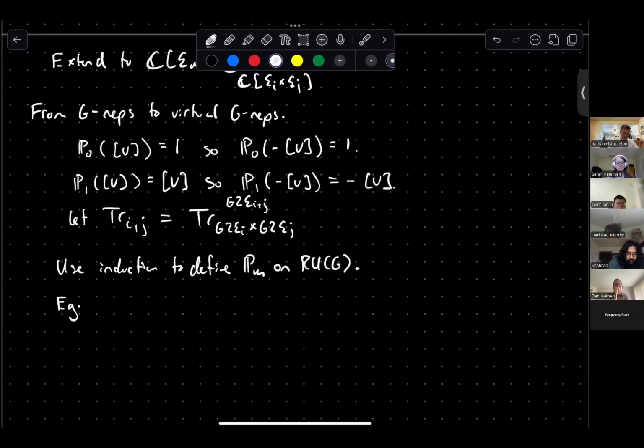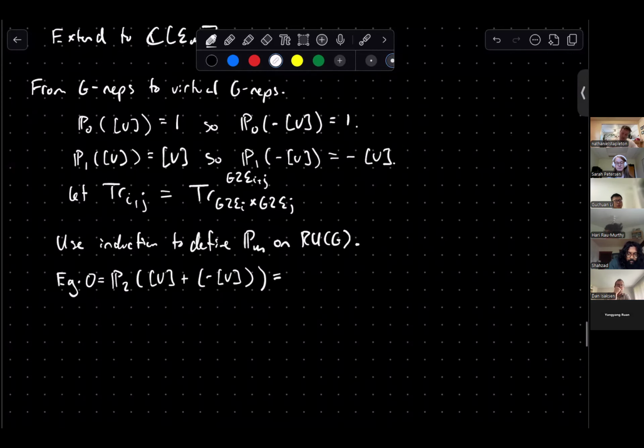So for example, if I want to know what P2 is on minus V, what I'll do is consider P2 on V plus minus V, which is 0, so the second tensor power of that should be 0. But now we try to use our binomial expansion.